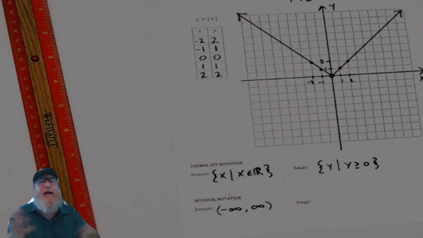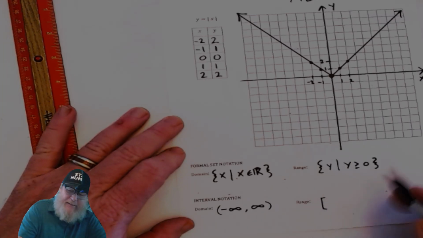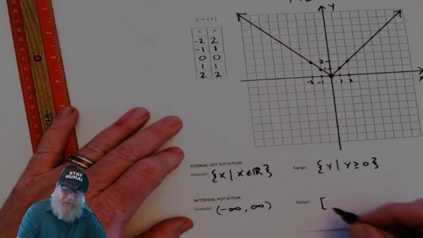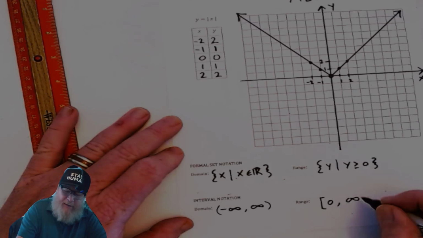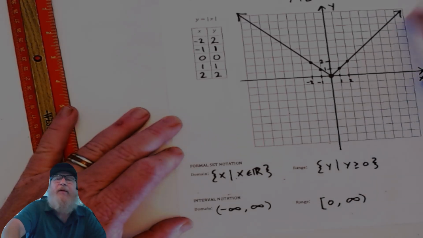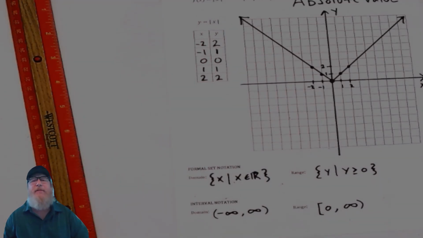We talked about that when we were solving inequalities, greater than and less than and such. And then for the range, again, back to the inequality, greater than or equal to 0. And it has no boundary. It goes all the way up to positive infinity. So the y values open up to positive infinity.